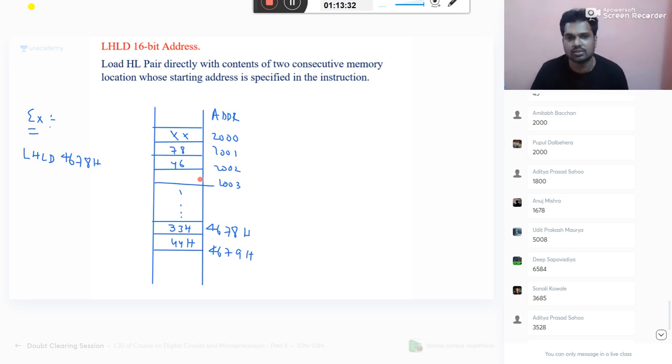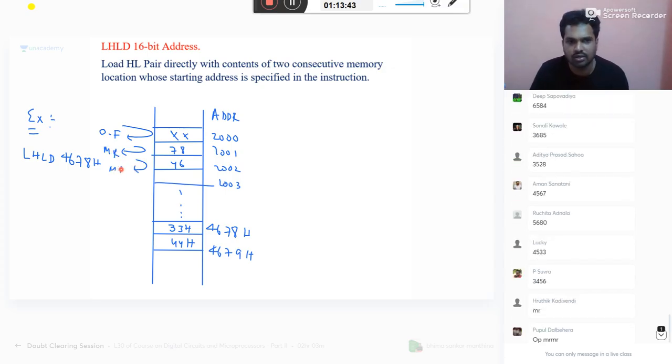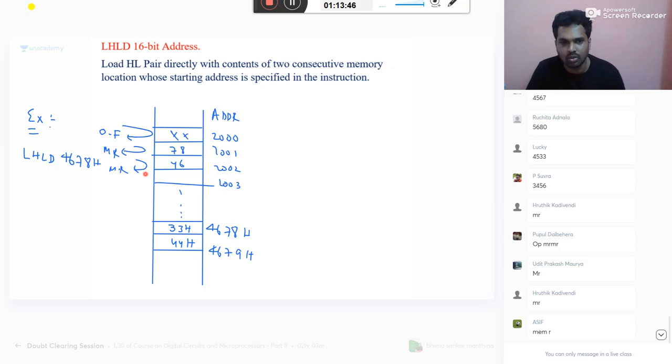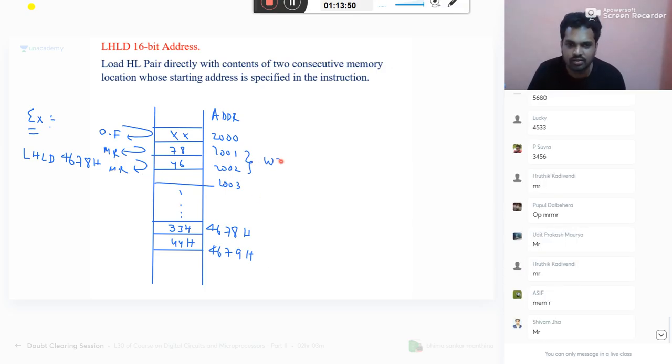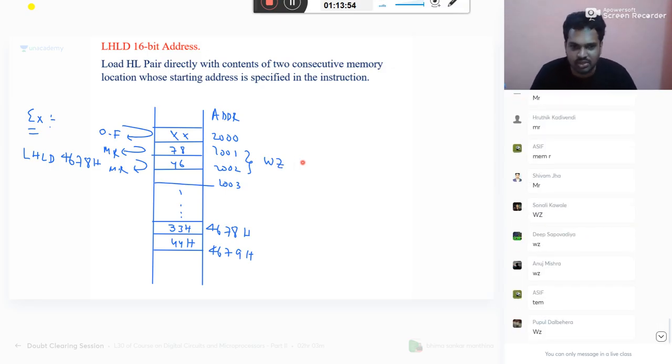Opcode fetch, then memory read, then memory read. Who will do this job? Again, you need one friend. Who are they? WZ. They will help us.